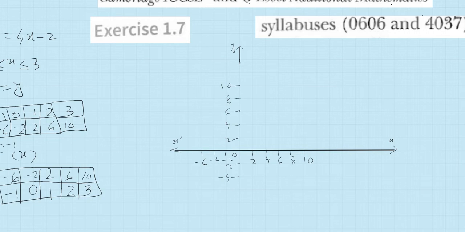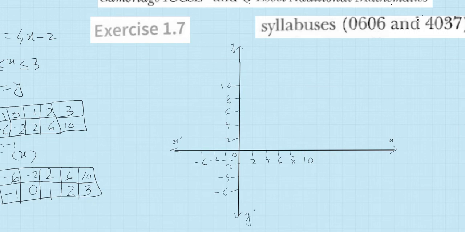I am drawing the y-axis again. So this is the y-axis. This is minus 2, minus 4, minus 6.